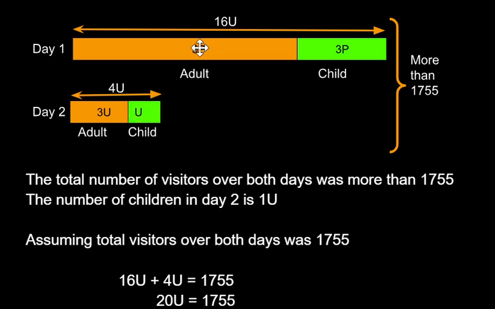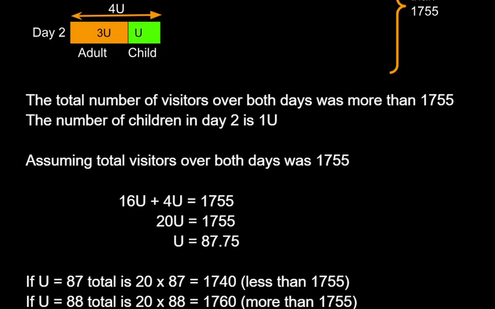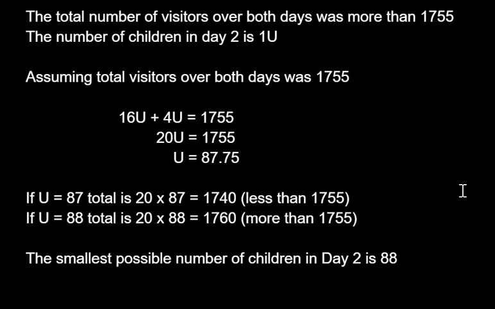We also know that 16U plus 4U is more than 1755. We use exactly the same solution. Assuming the total visitors over both days was 1755, 20U gives me 1755. U will be 87.75. Since we cannot have 87.75 children, it should be either 87 or 88.